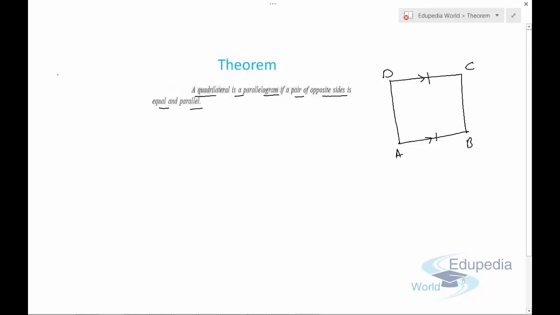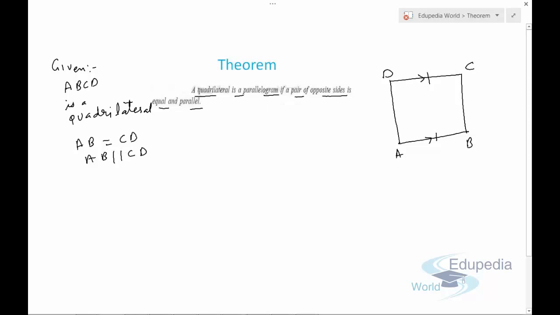First we write what is given. It's given that ABCD is a quadrilateral, and it's given that AB equals CD and AB is parallel to CD.